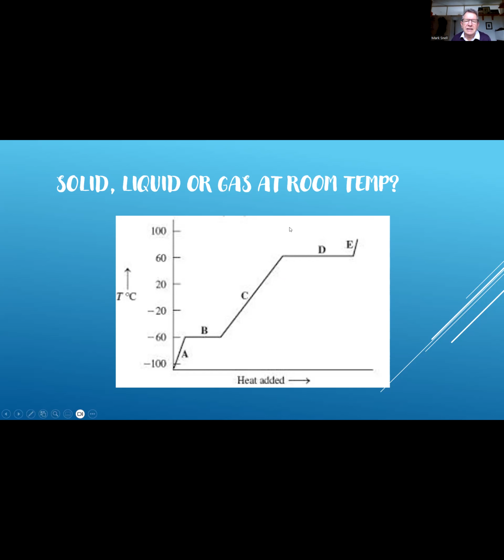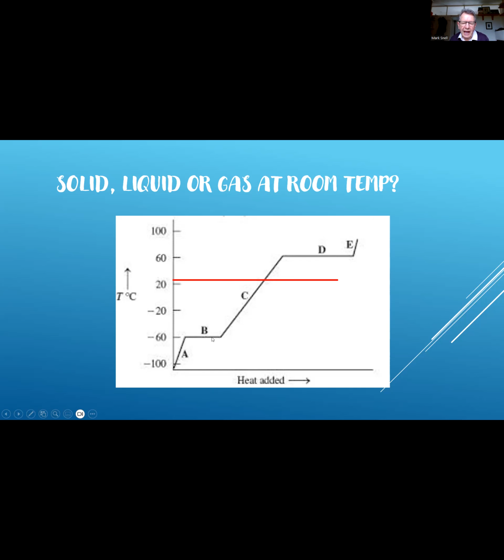So what I do is, if they say, is this chemical a solid, liquid, or gas at room temperature, I start at -100. I know it is melting at -60. Then I draw a line at 25, approximately. And I know here that this is all solid.